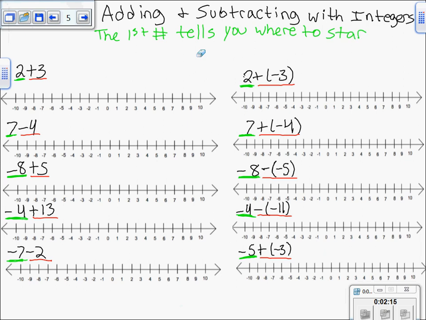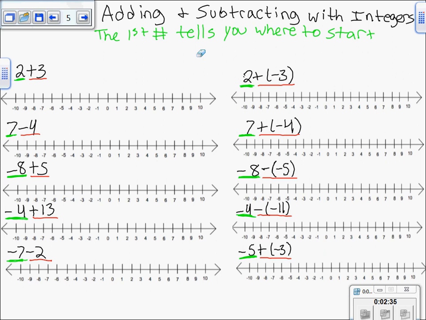Now, keep in mind, it does not tell you whether you're going left, right, up, down, adding, or subtracting. The first number does nothing but tell you where to start. In each of these questions, I underlined the first number in green, so I color coded it for you. For each of them, that first number tells you where to start on the number line.